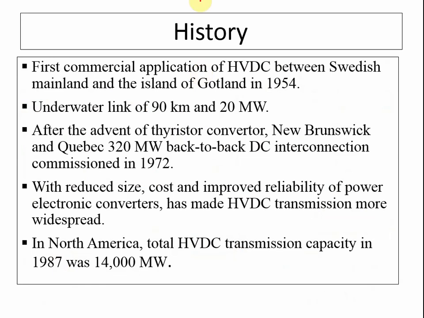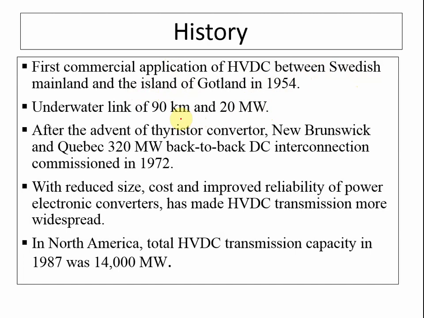Next is history. The first commercial application of HVDC systems was in 1954 between the Swedish mainland and the Swedish island of Gotland, with a power carrying capacity at that time of 20 megawatts over a distance of about 90 kilometers.